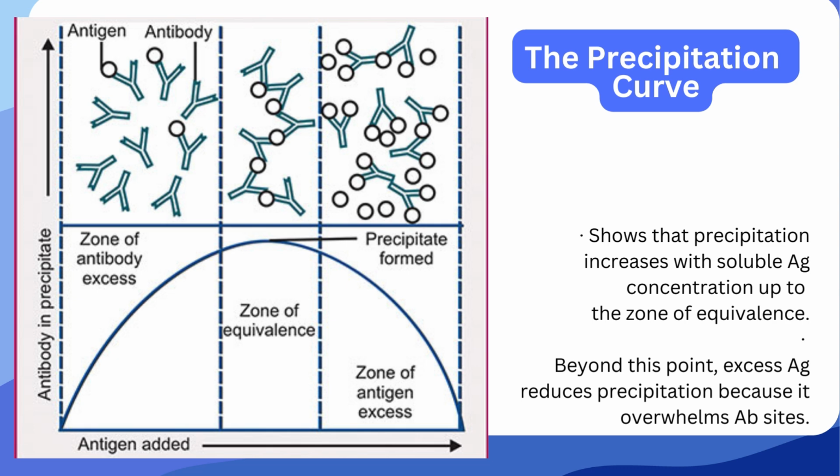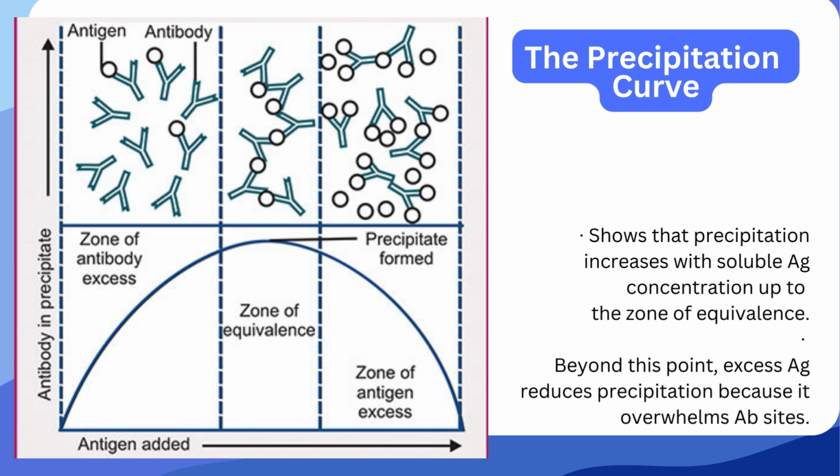This reflects that precipitation increases with soluble antigen concentration up to the zone of equivalence. So we only have an equal amount of antibodies corresponding to their specific antigens in the zone of equivalence.